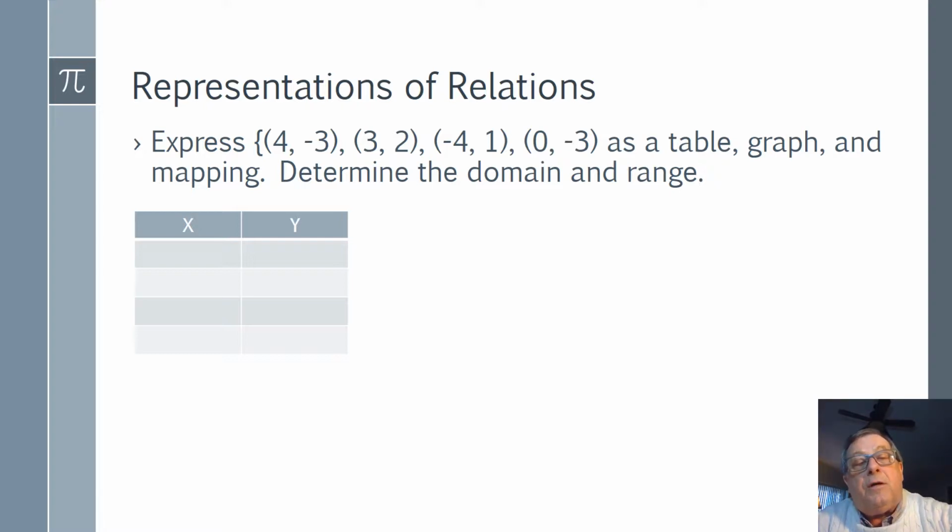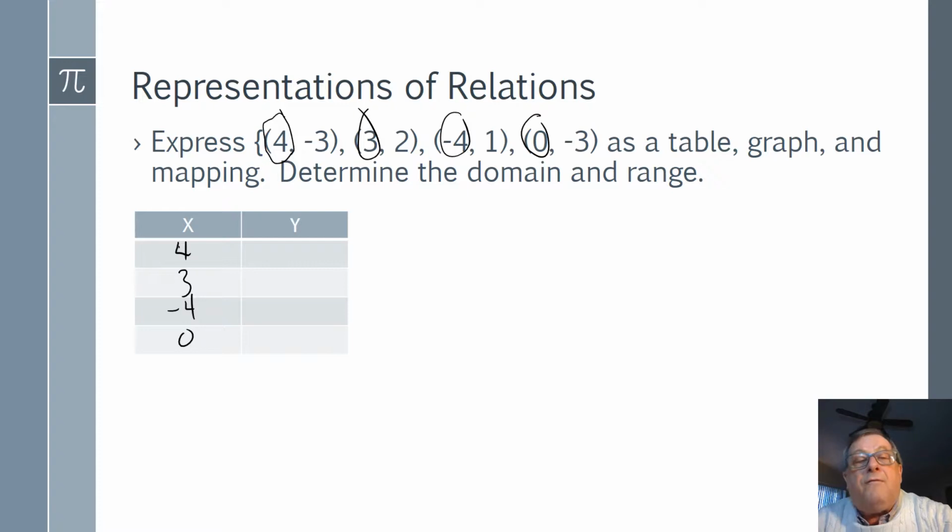We're simply going to list the x values in the ordered pair. The x value is always the one on the left side of the parentheses, nearest to that. So we've got 4, 3, negative 4, and 0. So here are our x values.